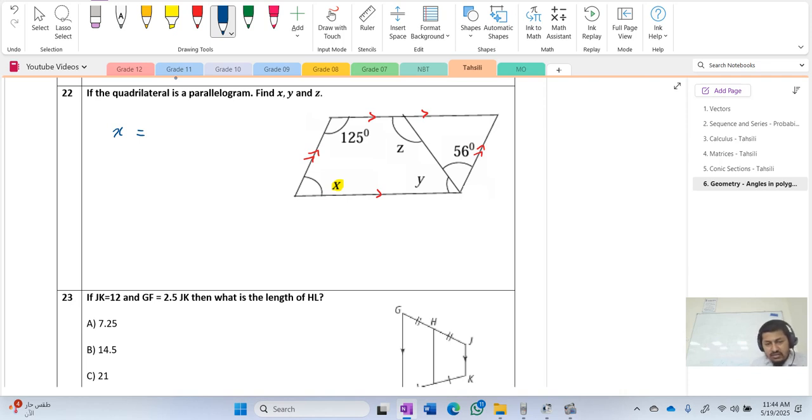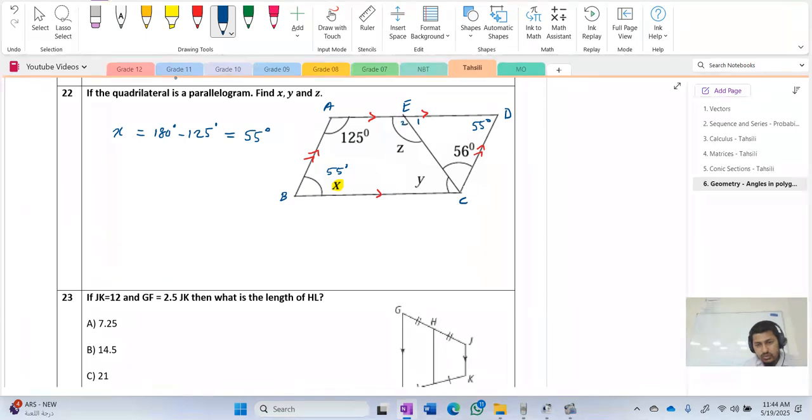Then I can find angle E1, and then I can take an alternate angle here and find Y. Opposite angles of a parallelogram are the same, so angle D is 55. This was co-interior angles. Now that's 55, so find angle E2, and you'll find Z.